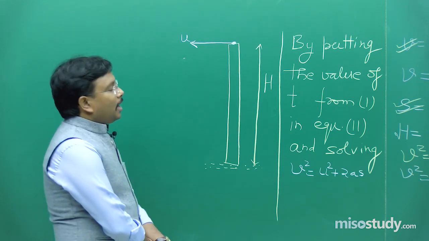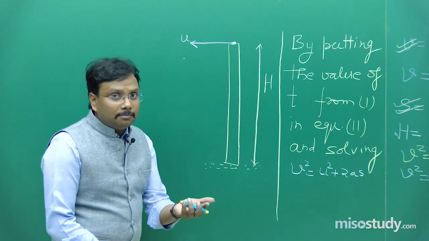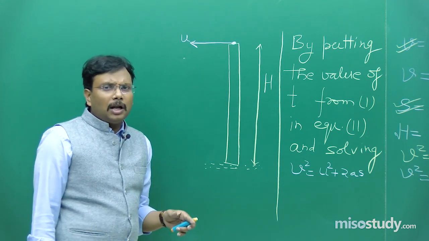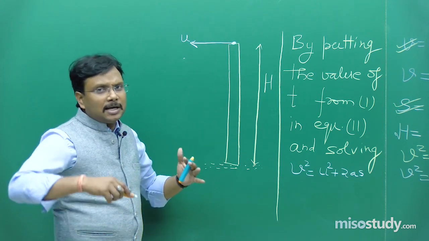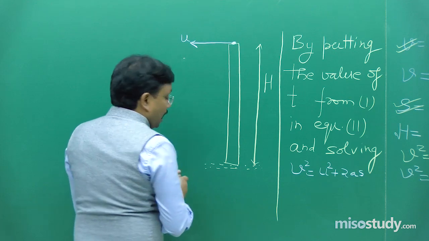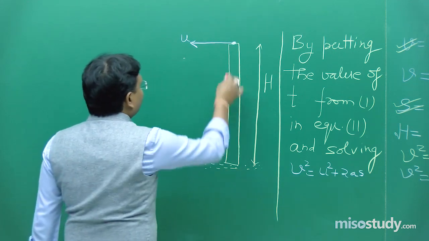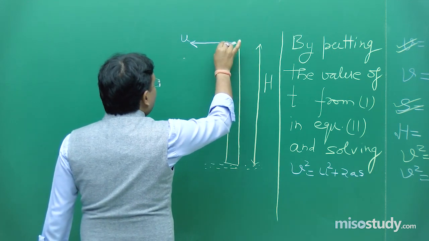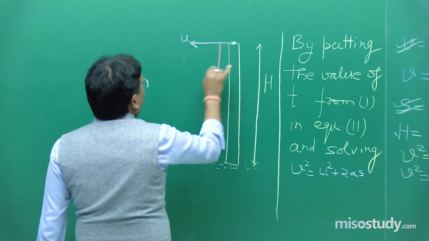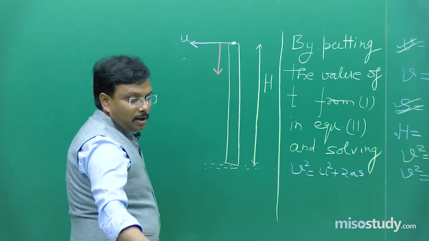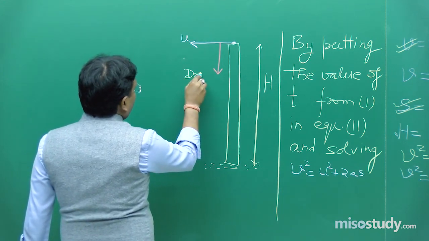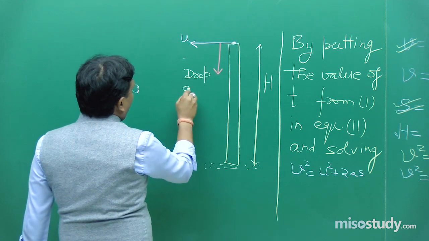Another thing, next time I am doing it from the same top of the Qutub Minar, although it is not allowed to reach over there, but just a thought experiment. So this time I am dropping a ball downward. This red color arrow is drop a ball.